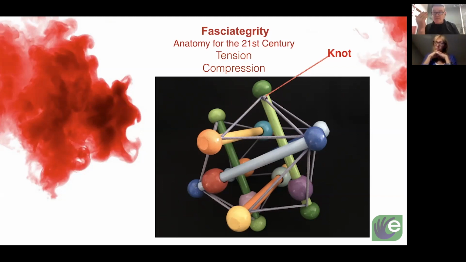In human form, there are no knots in that regard. You are complete. You are continuous. You have continuity from the tip of your toe to the tip of your nose. And everything is truly connected to everything else.